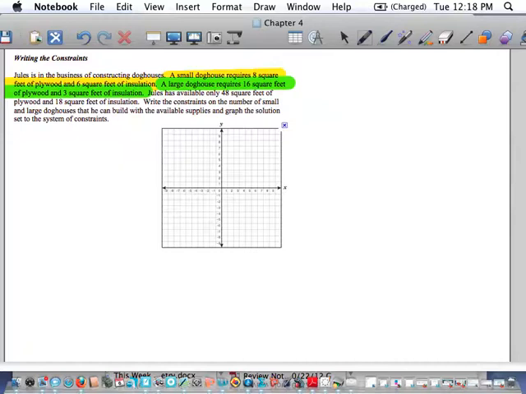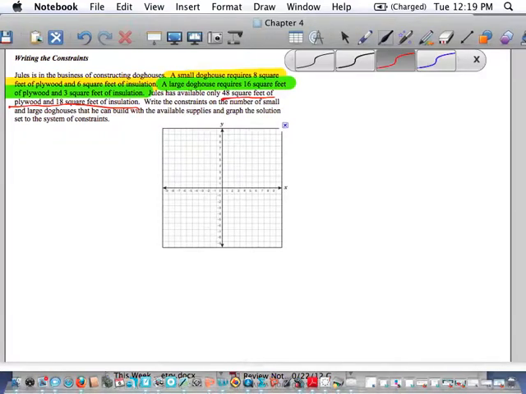Now here are some limits. Jules has available only 48 square feet of plywood and 18 square feet of insulation. It says write the constraints on the number of small and large dog houses that he can build with the available supplies and graph the solution set in the system of constraints.